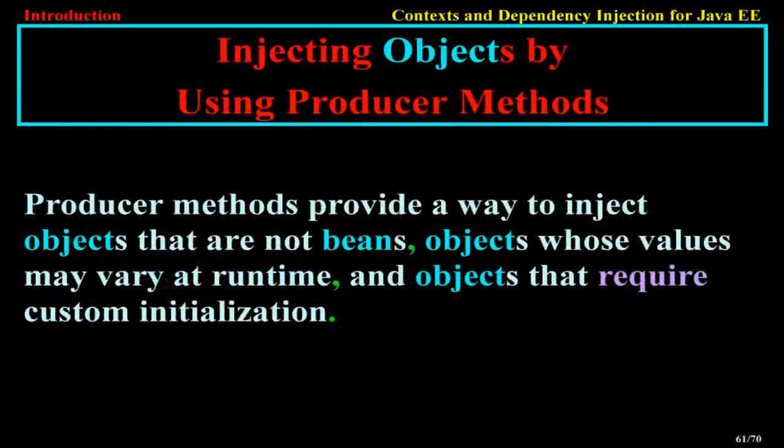Injecting objects by using producer methods. Producer methods provide a way to inject objects that are not beans, objects whose values may vary at runtime, and objects that require custom initialization.